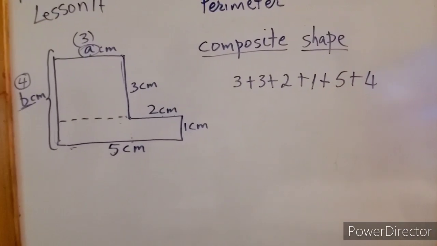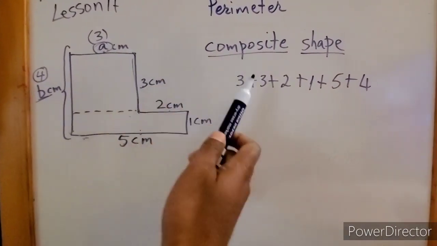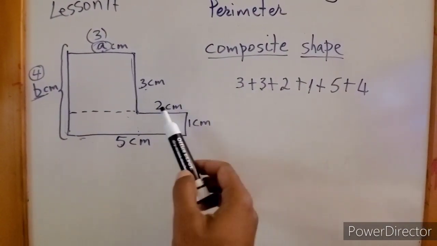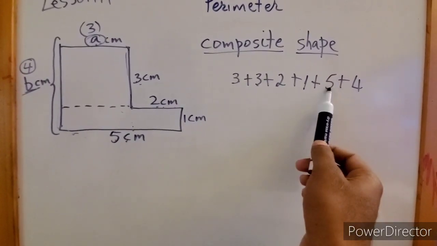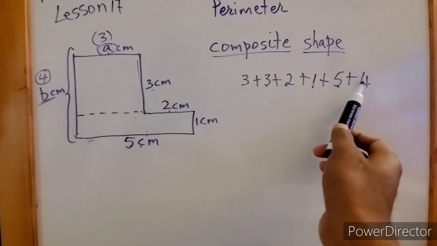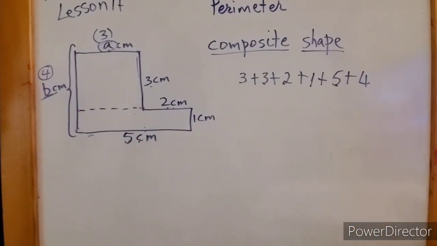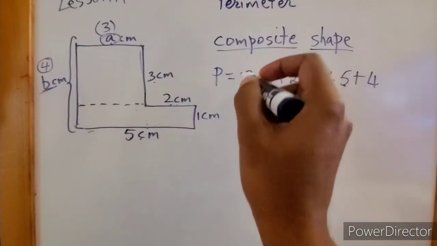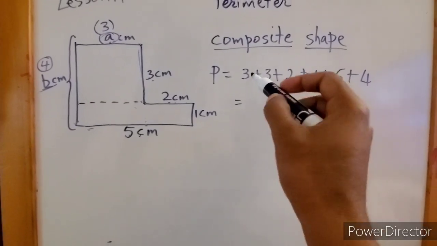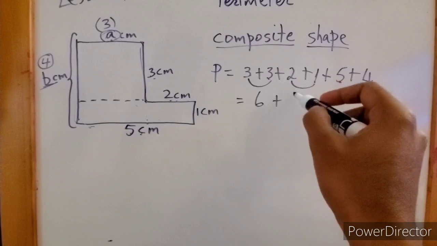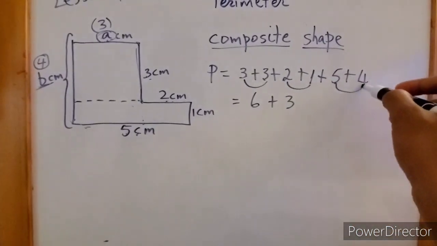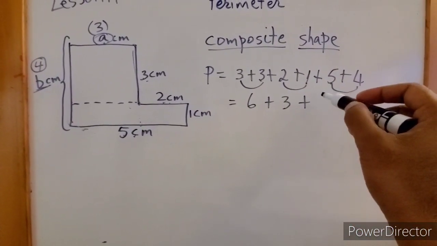Okay, so we have 3 accounted for. 3, 2, 1, 5, and the last one is 4, and 4 is over here. Let's go ahead and find the perimeter, and we forgot to put our P equal. 3 plus 3 is 6, 2 plus 1 is 3, and 5 plus 4 is 9.